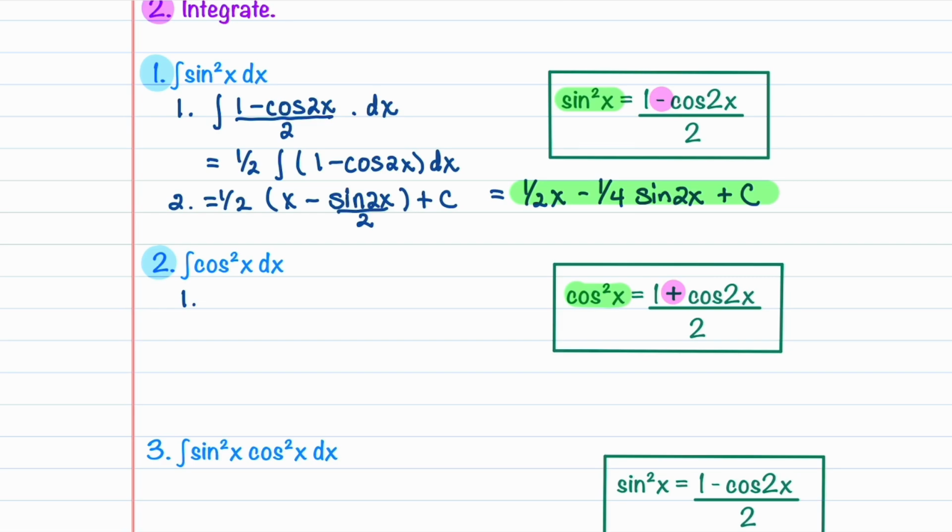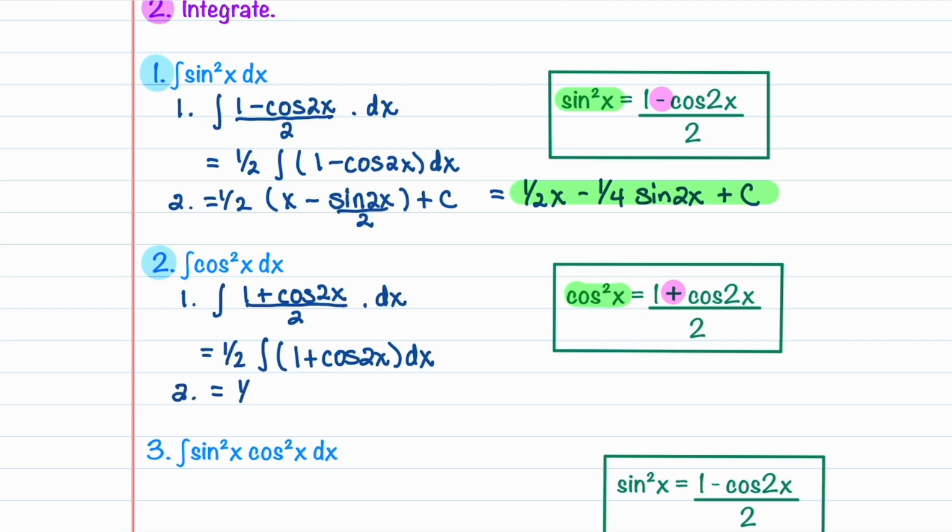Let's go ahead and substitute this in. We have (1 plus cosine 2x), all divided by 2 times dx. I am going to take the 1/2 out in front, and we have 1 plus cosine 2x dx. Our second step is to just integrate this. Our 1/2 comes along for the ride. Integral of 1 is x.